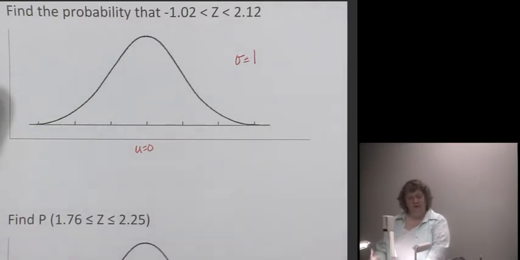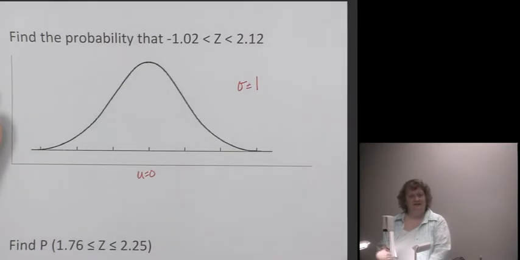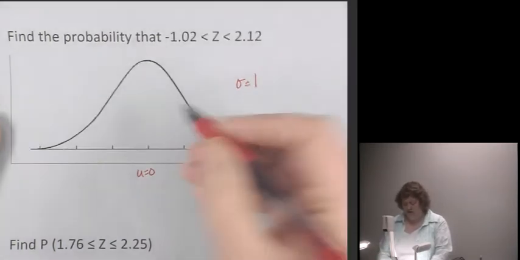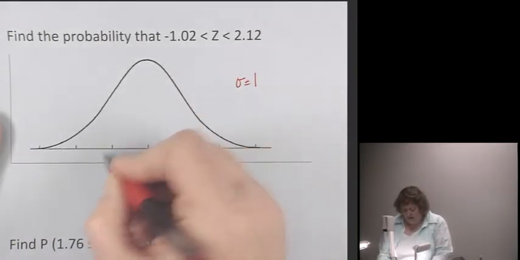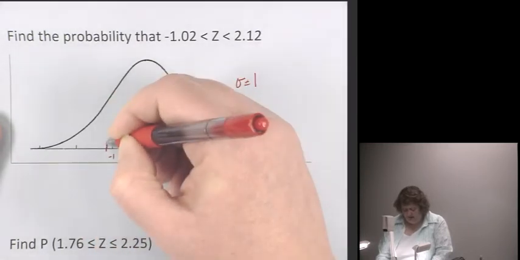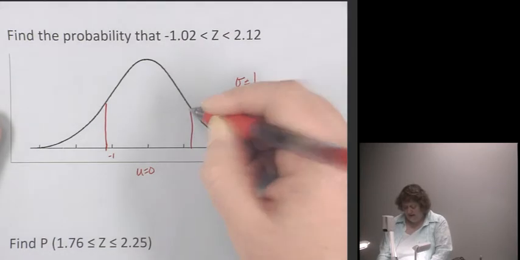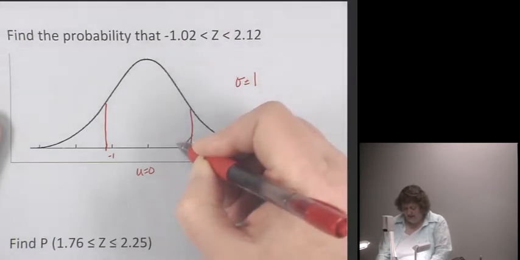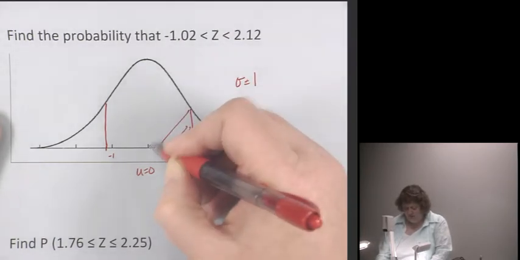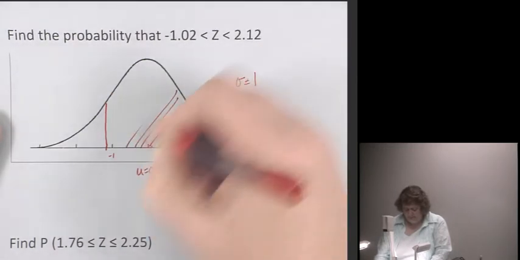So we want to remember that in this case, that information is given and that these are z-scores, and this is a standard normal distribution. Negative 1.02 is going to be slightly below that negative 1, and it's going to be here. The z at 2.12 is going to be here, and we want to find the area between those two scores.